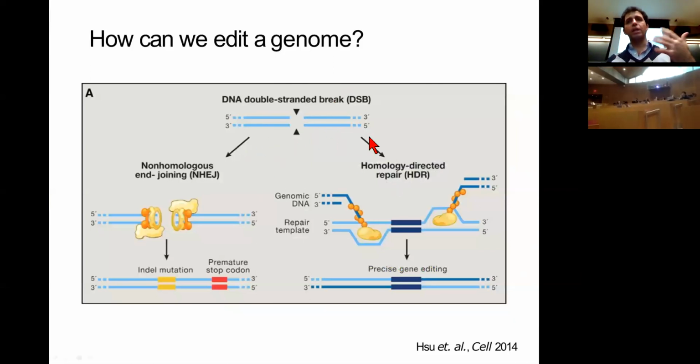So there's many different things that can happen. The first is what I just mentioned, homology-directed repair, where you basically find some repair template, which is homologous in the genome, and then you basically lead to a reparation of that site.